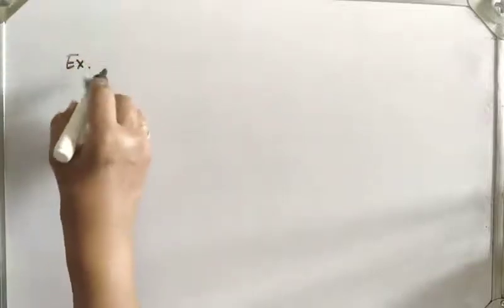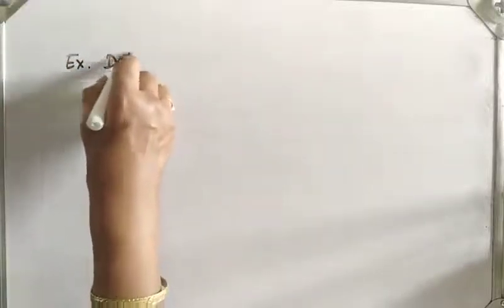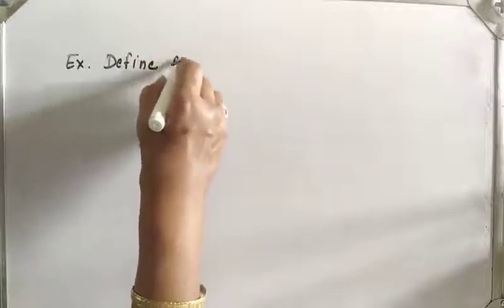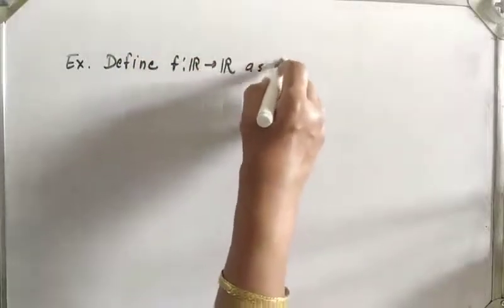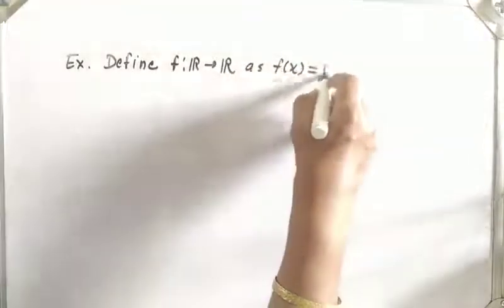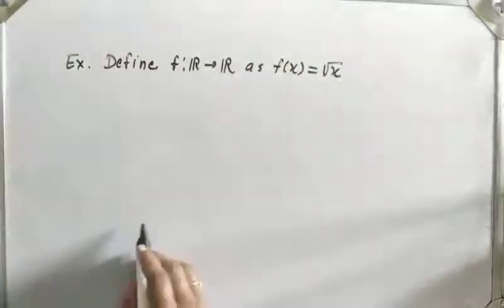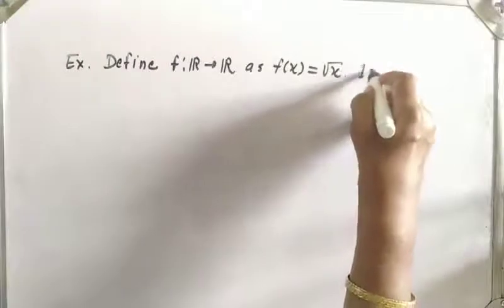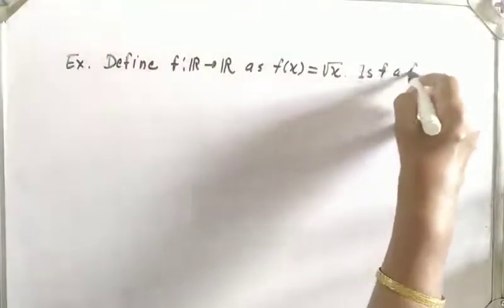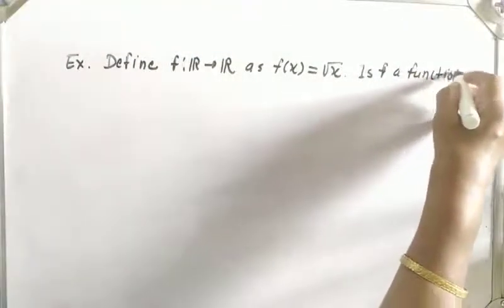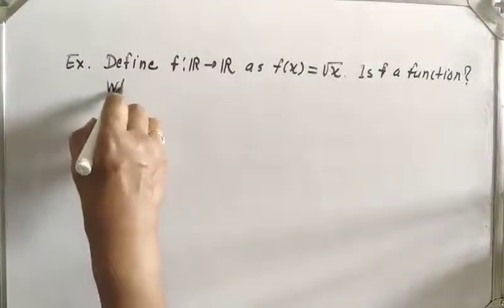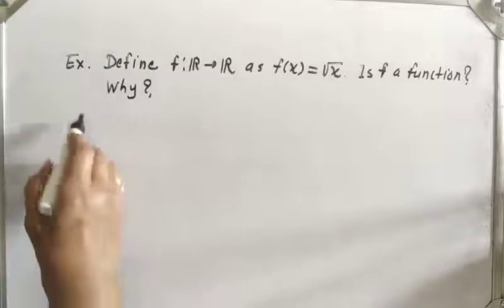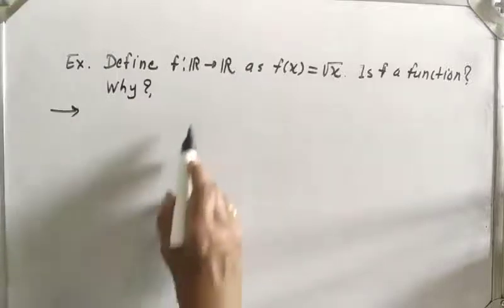Example. Define f from R to R as f of x is equal to root x. Is f a function? We have to determine whether f is a function. Yes or no? Why? What is the domain?